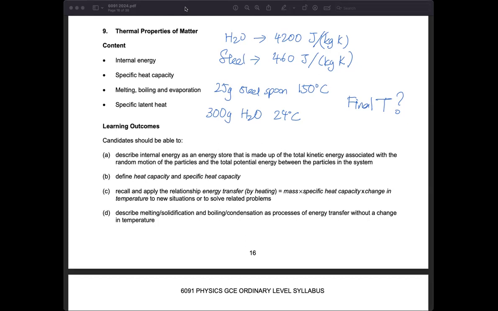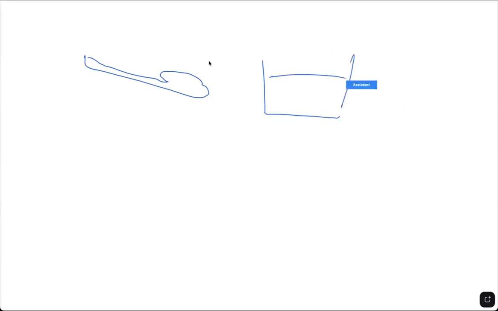Okay, let me explain this to you. Let me open up another. Okay, so basically we have a spoon put inside water. The water is 4 degrees Celsius. The spoon is 150 degrees Celsius.